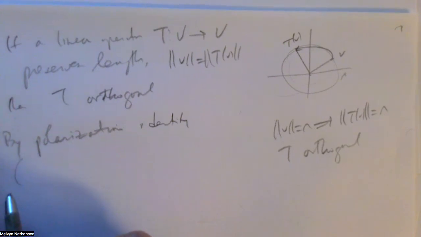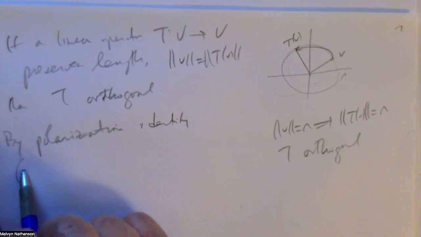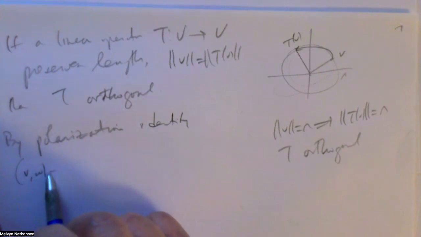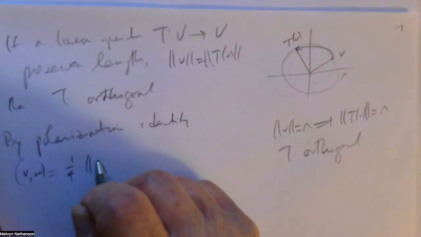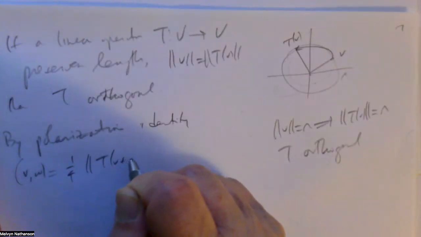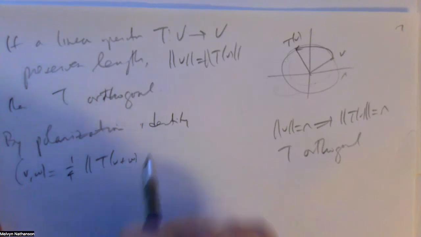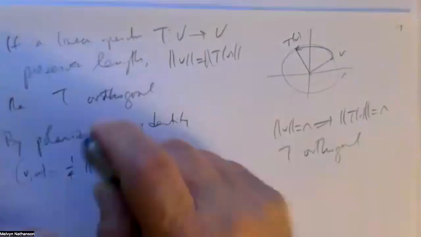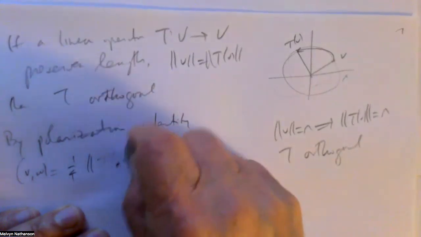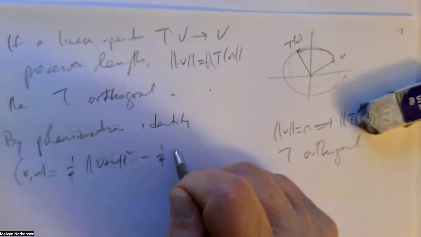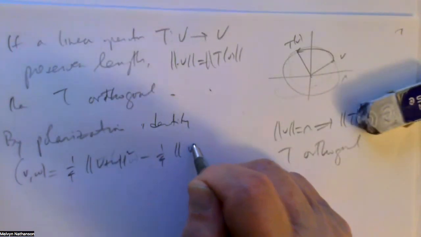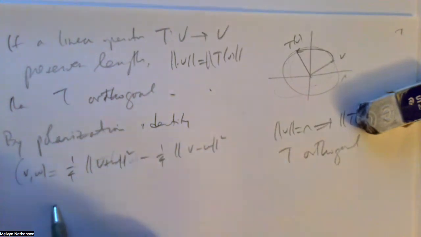the inner product of v and w is a fourth the length of v plus w squared minus a fourth the length of v minus w squared.